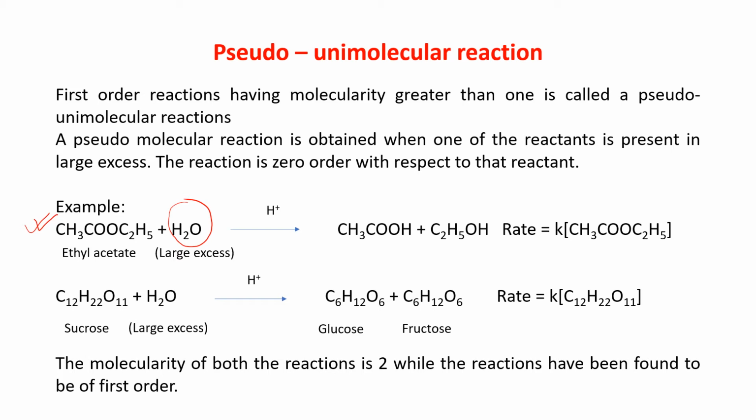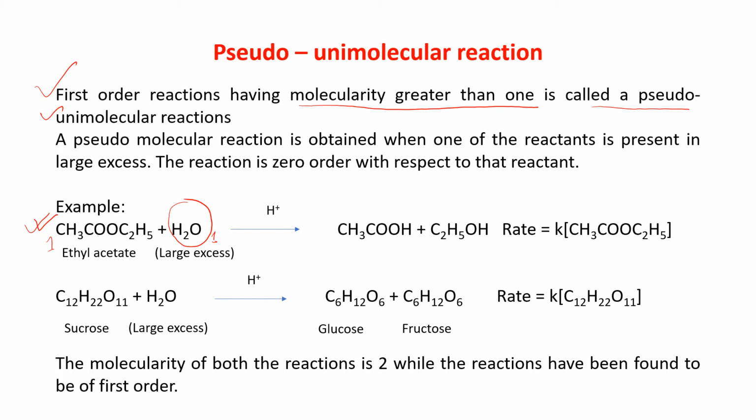So what is said is, a first order reaction having molecularity greater than 1 is called a pseudo unimolecular reaction. The molecularity is 2 here: 1 molecule of CH3COOC2H5 and 1 molecule of H2O.